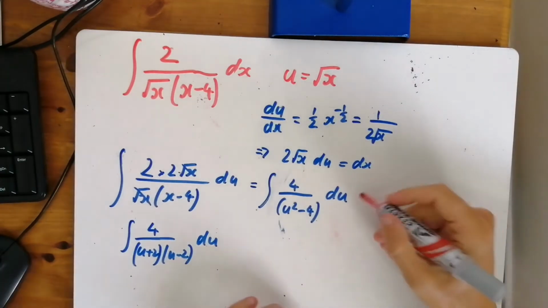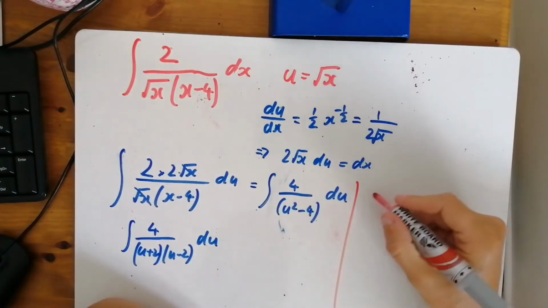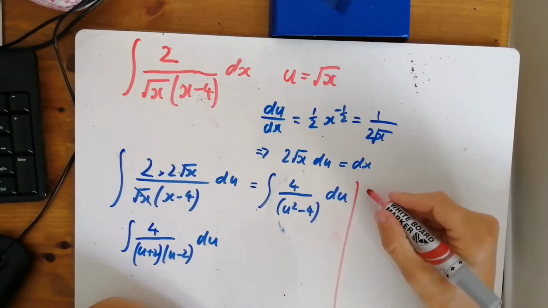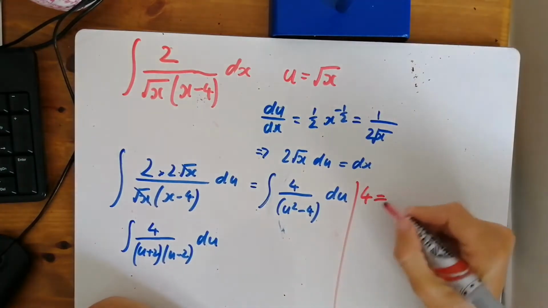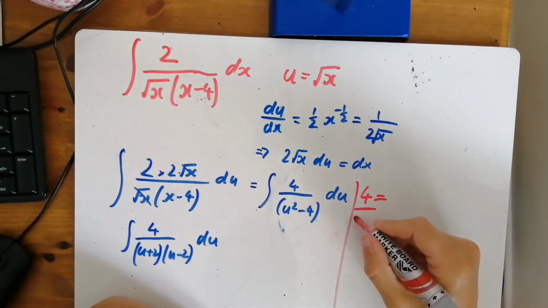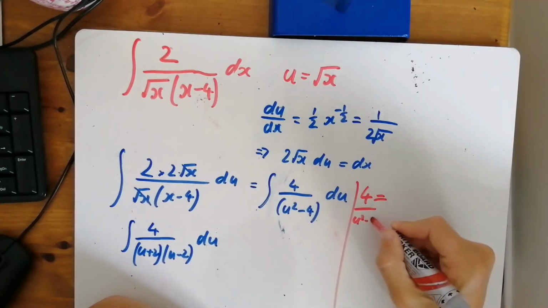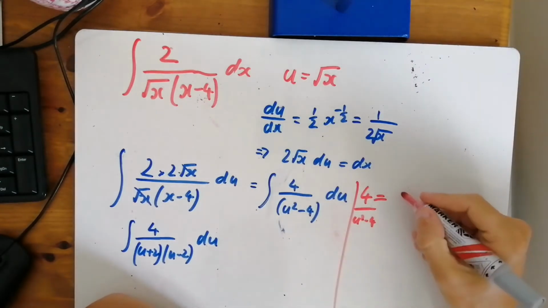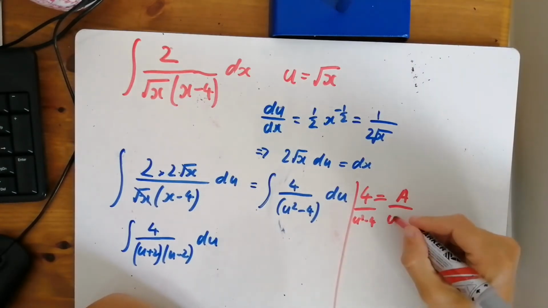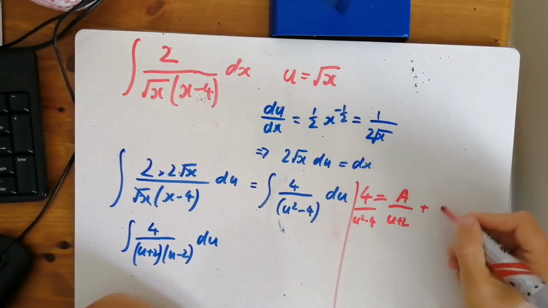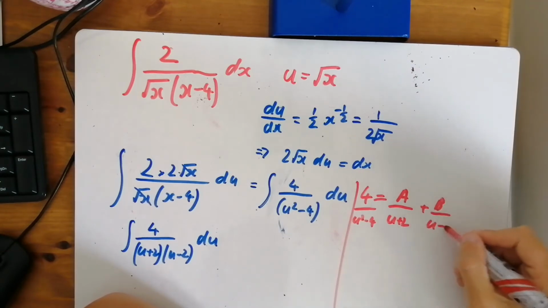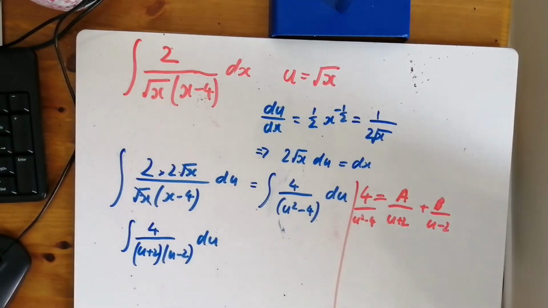So we'll just do quick partial fractions over here. I'm sure you're familiar with partial fractions. You're going to get 4 over your denominator. So we get that.